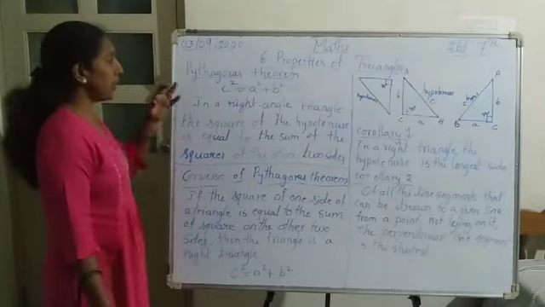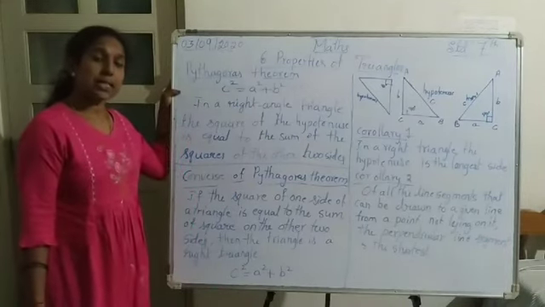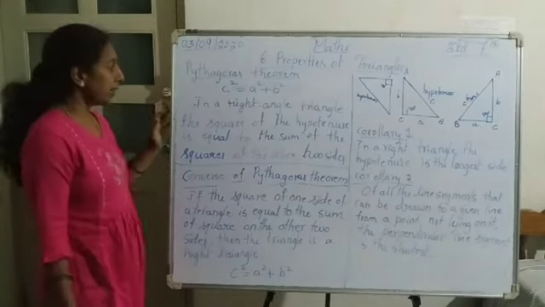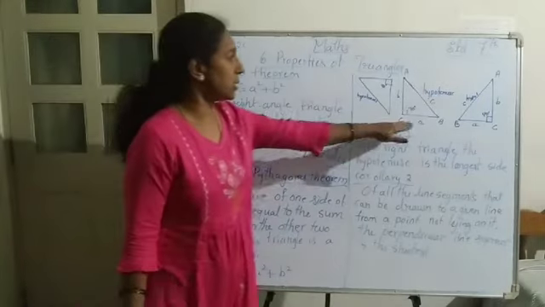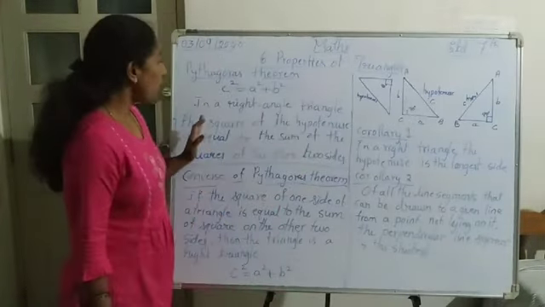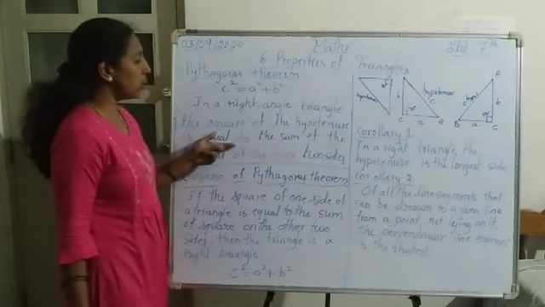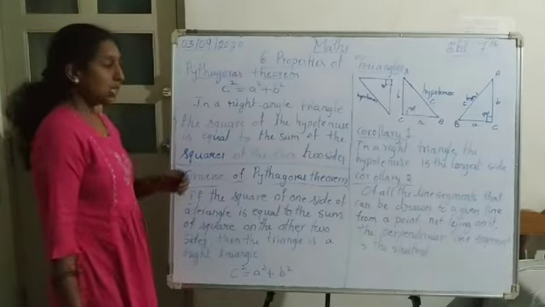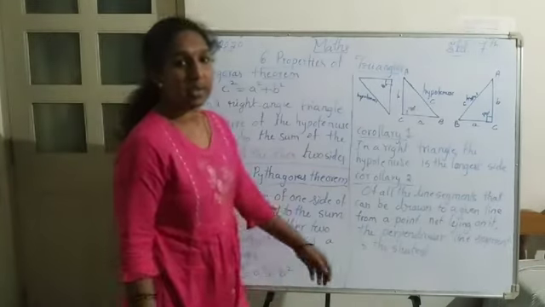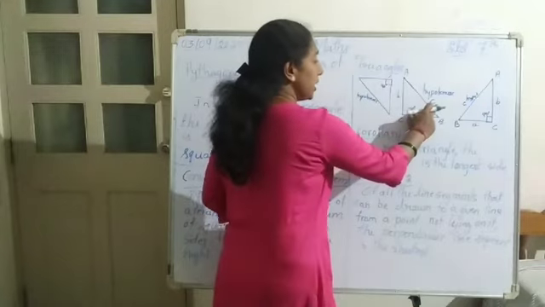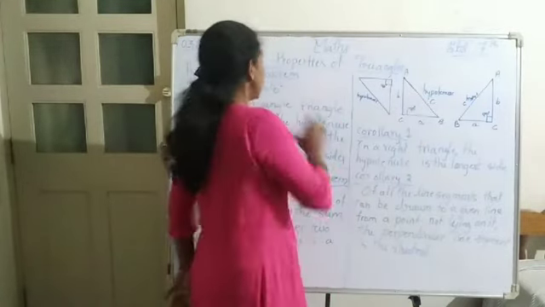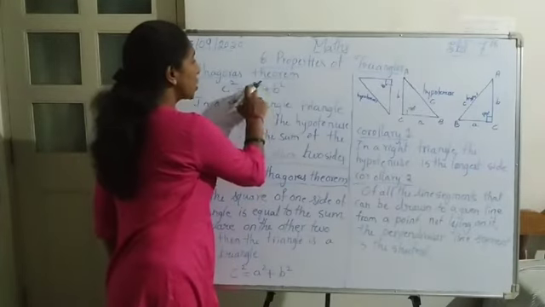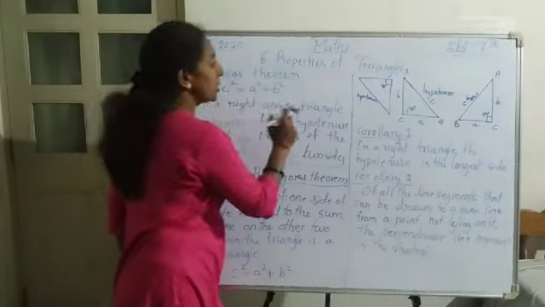Now let us come to the Pythagoras theorem. What does this theorem tell us? This theorem tells that in a right angle triangle, the square of the hypotenuse is equal to the sum of the squares of the other two sides. So the square of the hypotenuse, c square, is equal to the sum of the squares of the other two sides.